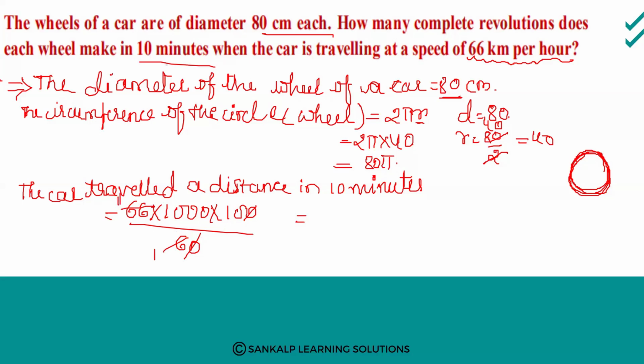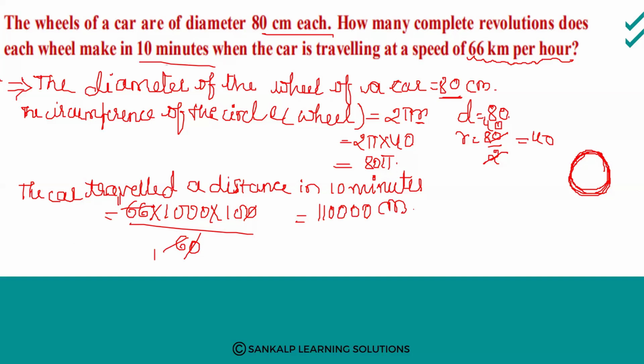So 11 into 1000 into 10, that is 11 followed by 4 zeros, centimeter. Now it is converted into centimeter. So kilometer is converted into meter, that is into 1000, and meter is converted into centimeter, that is into 100.